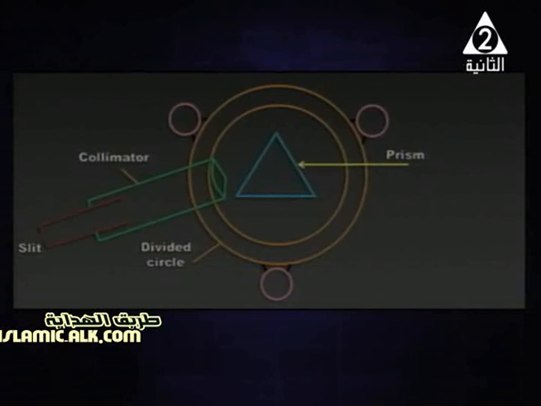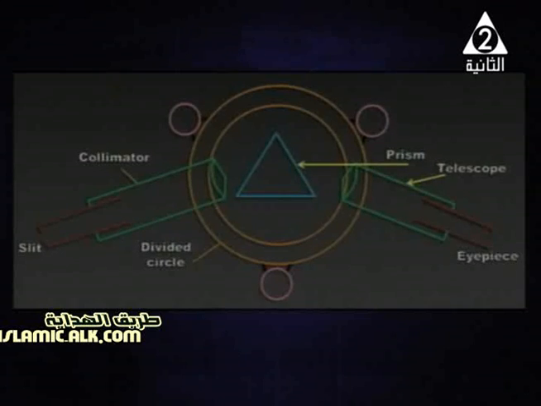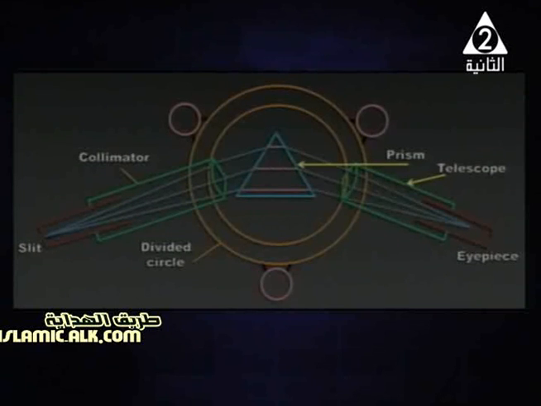And the third component is the telescope. So it is composed of three major components: collimator, prism, and telescope. And how does it work? What about its mode of work? It is shown in front of you, and we'll mention this in detail.